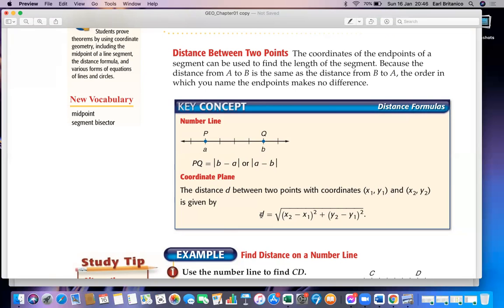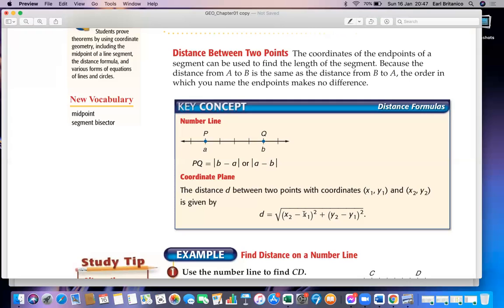D, which will be replaced with the points that you're going to solve for their distance, is equal to the square root of, it's a very long square root, x2 minus x1. Again, that's x2 minus x1. It doesn't say x1 minus y1. So you get your x2 from the second point, minus, then you put the minus sign after you write the first number, and then x1.